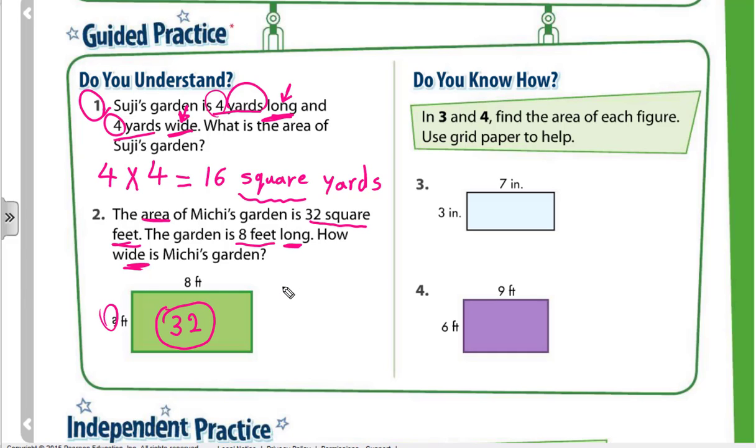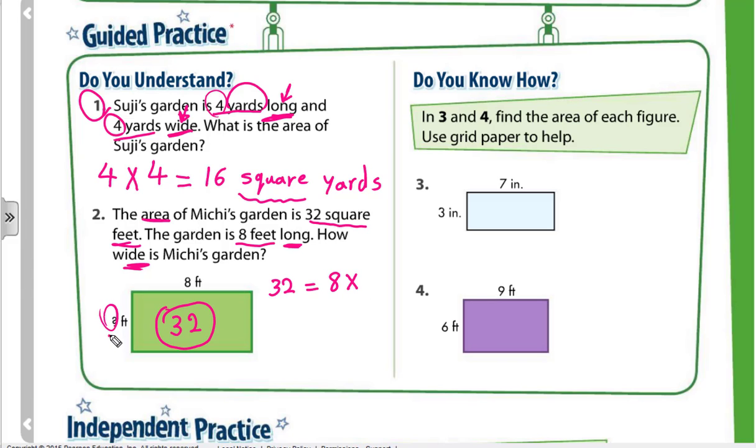Okay, my hero. Do you know how to do this? We should use the rule: the area equals length times width. So we should write 32 equals what times what? 8 times what number?